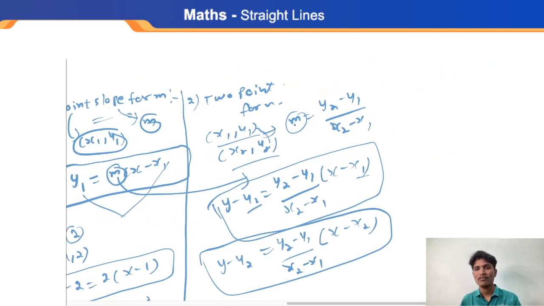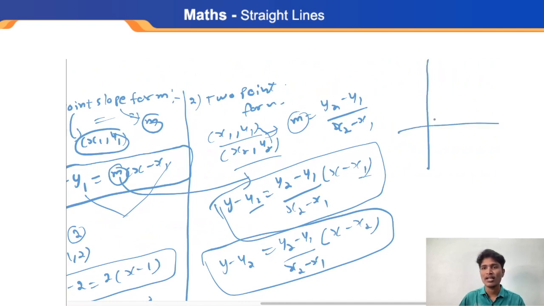What is intercept? First you have to understand. Suppose this is a straight line. Let's assume ax plus by plus c is equal to 0 is a straight line.